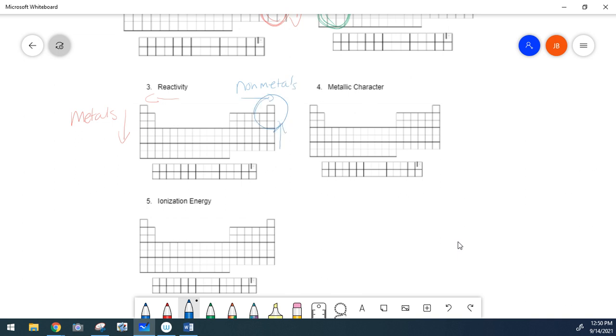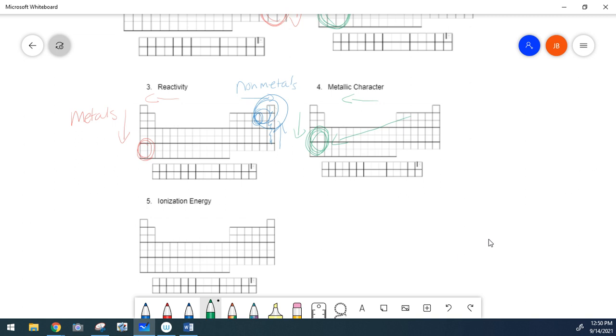So the most reactive non-metals would be here, not including this one, right? So right here. And the most reactive metals would be where? There, right? All right, so metallic character. When you are more metallic, which way are you? This way, right? So more metallic goes this way and this way. So the most metallic would be here, right?